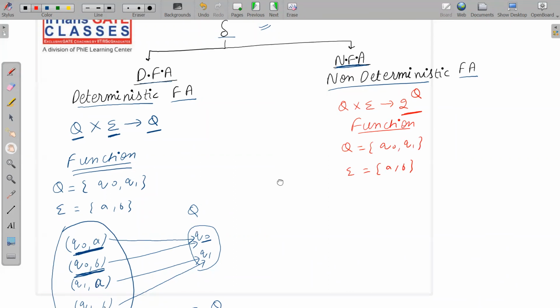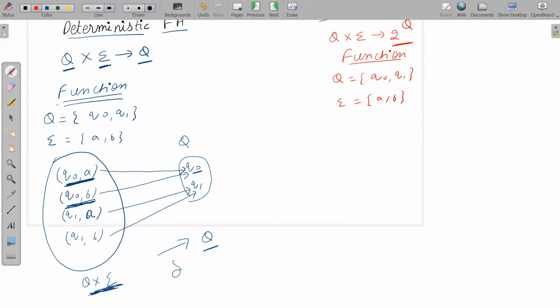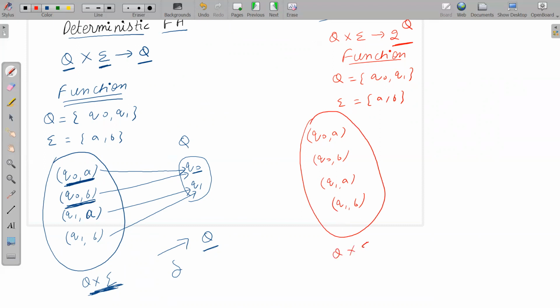Q cross sigma will be again the same: Q naught comma A, Q naught comma B, Q1 comma A, Q1 comma B. And 2 power Q, that is the power set of states, will be phi, Q naught, Q1, and Q naught Q1.